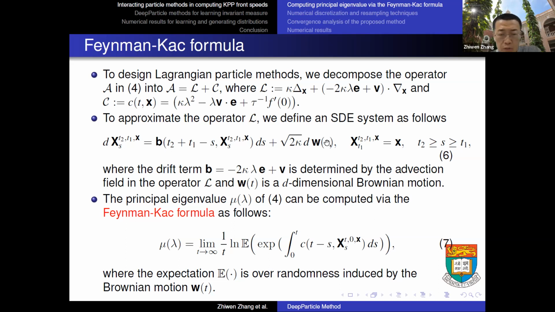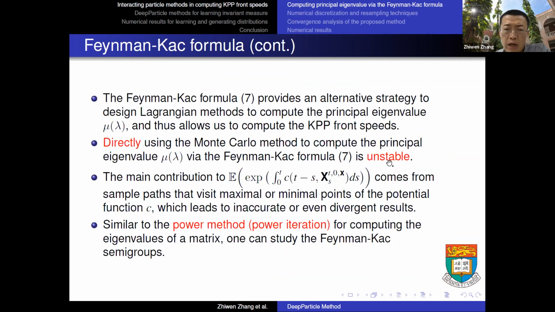However, if you directly take samples from equation 6 and plug them in to compute this, it is numerically unstable. Why? Because of this term, where you need to compute the exponential function. We know this exponential function is highly nontrivial. Some numbers can be large, and if you take the exponential, it can become very large.